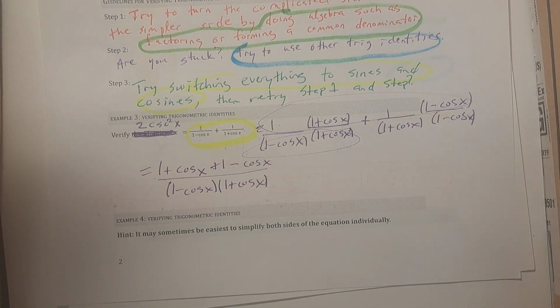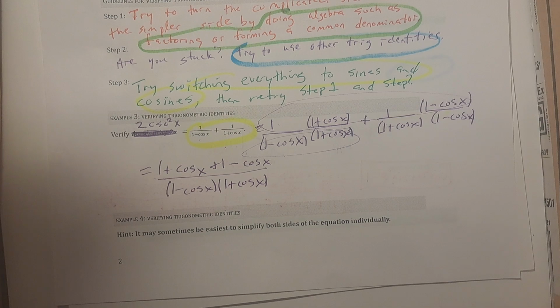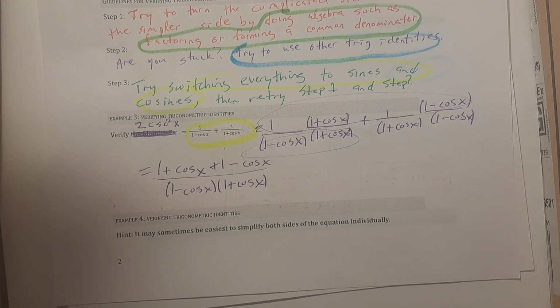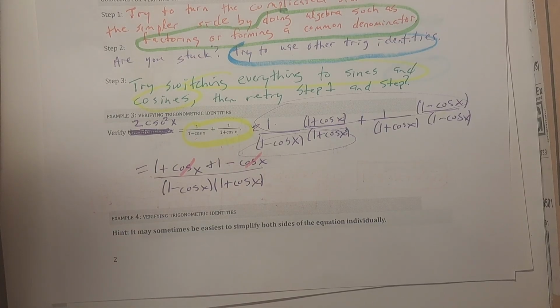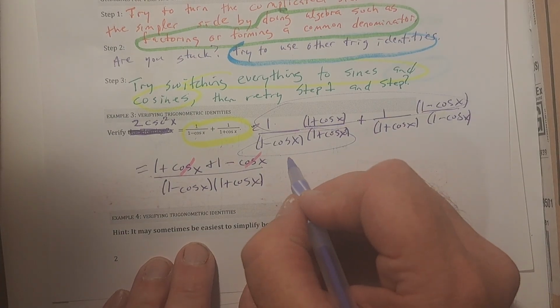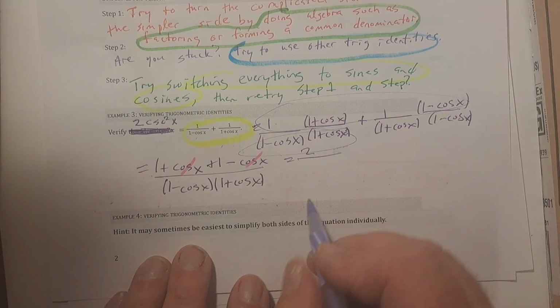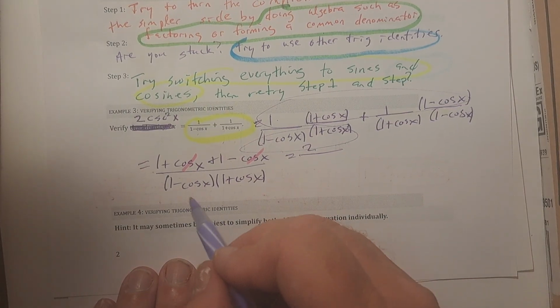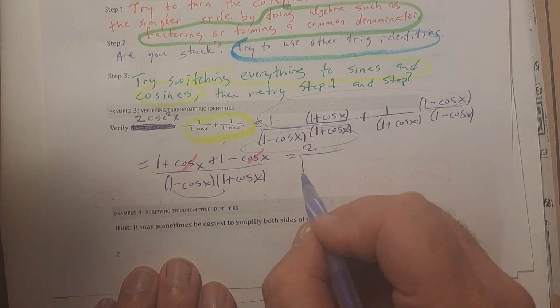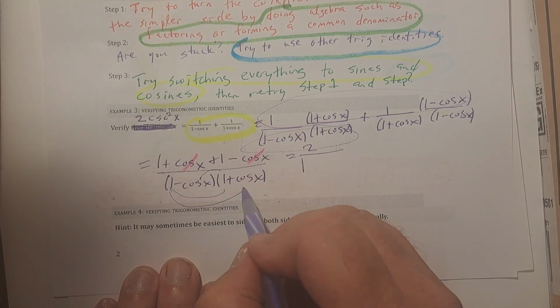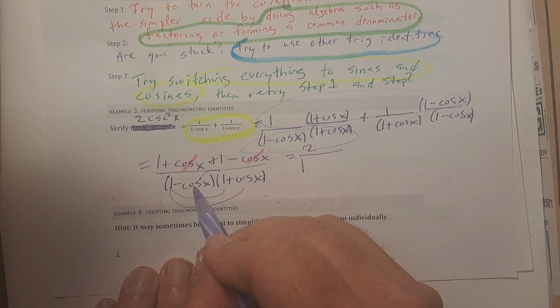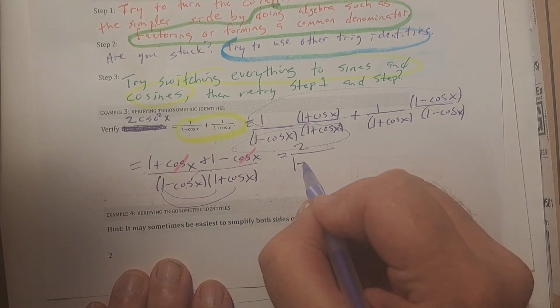So the cosines knock each other out, the ones in the numerator, and then add the two ones together, you get 2. If you were to multiply these out, you'd get 1 times 1, which is 1. The minus cosine of x would cancel out the positive cosine of x, and you still have minus cosine times cosine, so that's minus cosine squared.